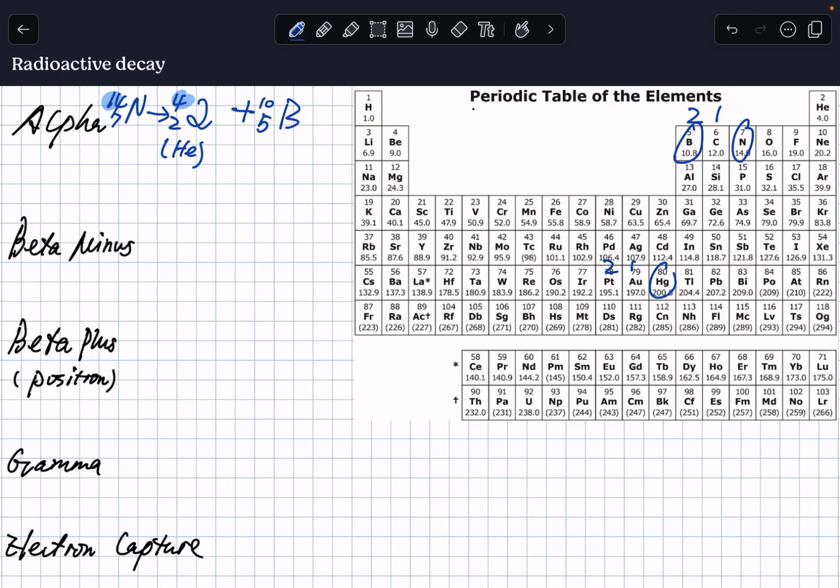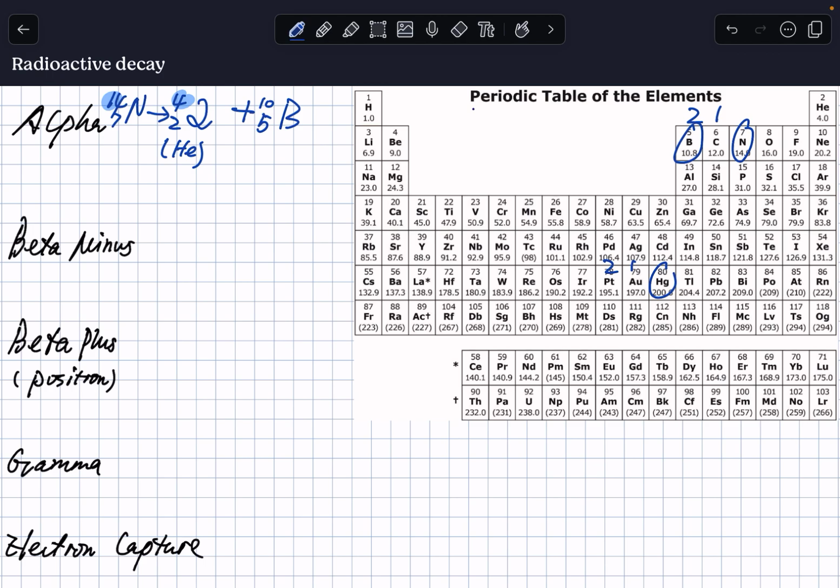So if you just emit an alpha particle towards me, it doesn't really penetrate my skin, okay? So it doesn't penetrate a piece of paper. So it would be fine if I don't inhale it, if I don't swallow it, okay? Whereas gamma is the most penetrative decay compared to beta and alpha, okay? I think that's the other thing you want to know about alpha decay.